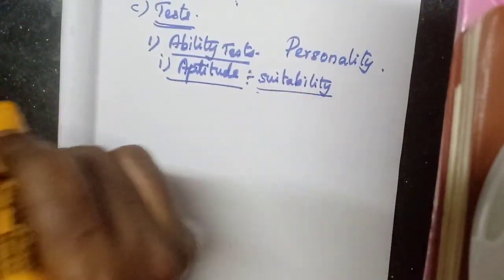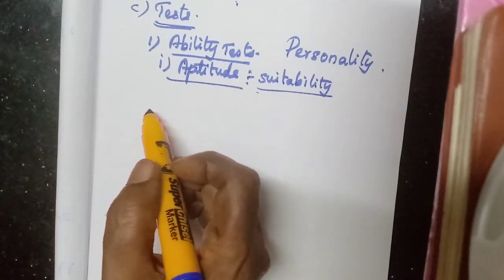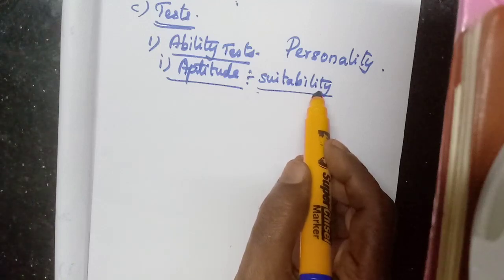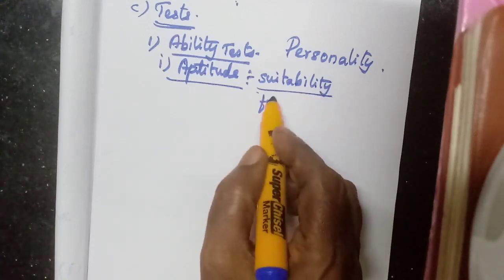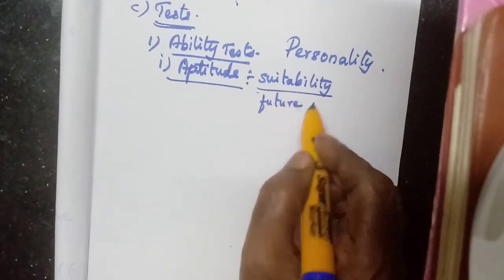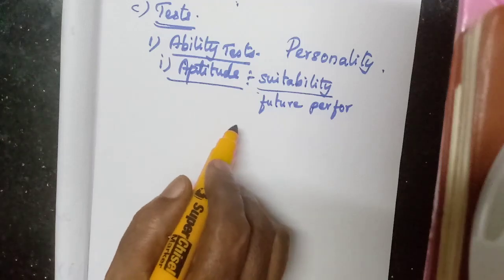They are predicting the ability and how he will perform in future. That means the future performance is predicted by conducting this aptitude test.